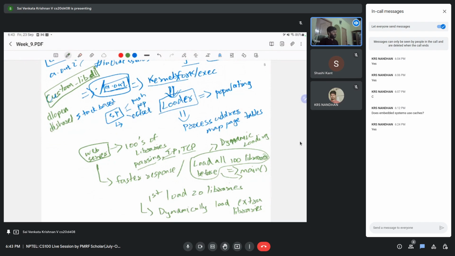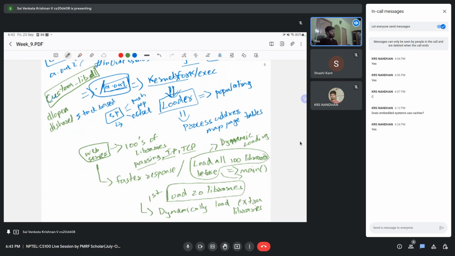So in this case, loading the 20 libraries is done beforehand, because they are often used by your program. Then you continue with your program logic, the web server logic. If the user uses some other service and an extra library is required, then it is dynamically loaded.